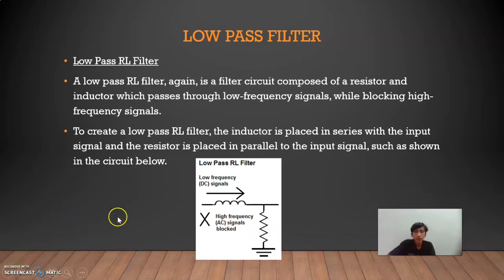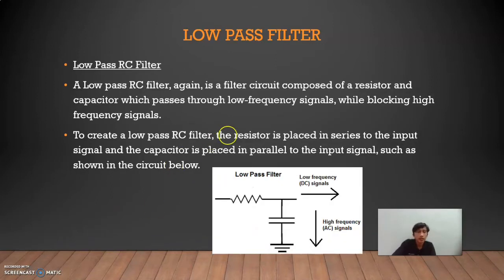So the difference between a low pass RL filter and an RC filter is this: to create a low pass RC filter, the resistor is placed in series and the capacitor is placed in parallel to the input signal.